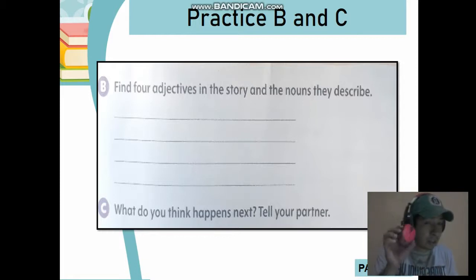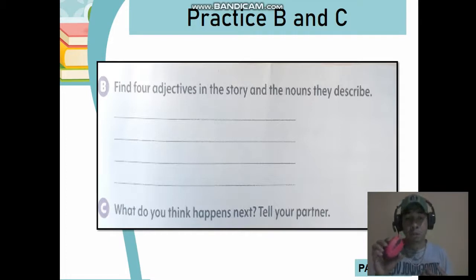I can say that the mouse is red, so I can say the red mouse. What word describes the mouse? Yes, red. So, red mouse. In this case, I want you to look in the story for four of those words and what noun they describe.